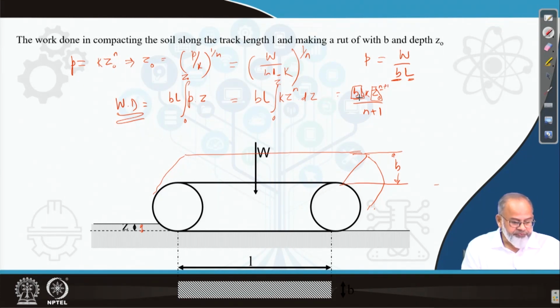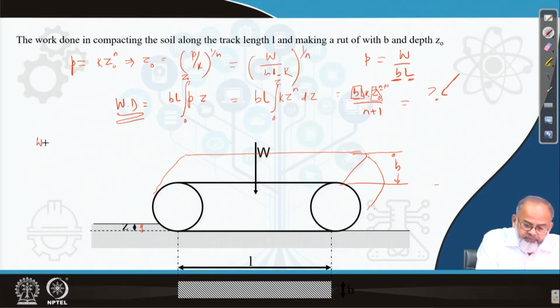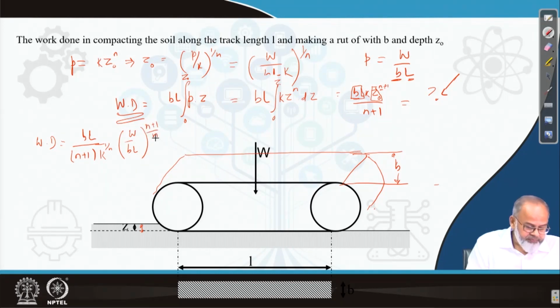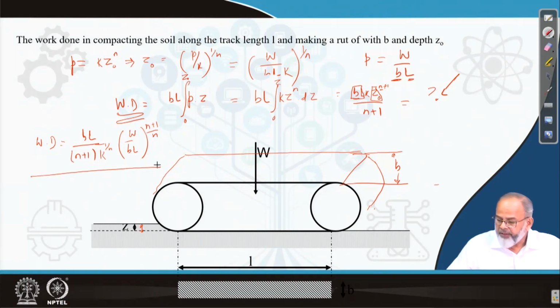So now if you substitute for Z0, we have derived as W by BLK upon 1 upon n. So if I substitute for Z0 here, finally work done will be equal to BL n plus 1 into K to the power 1 upon n into W by BL raised to the power n plus 1 by n. Okay, this is the work done expression.